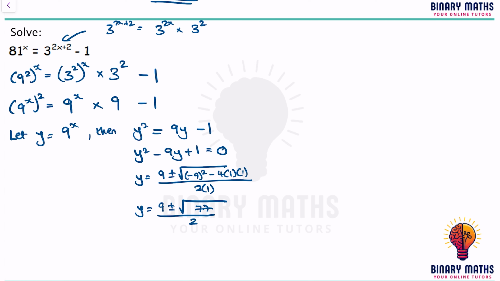Which means y is equal to 9 plus root 77 over 2, or 9 minus root 77 over 2.